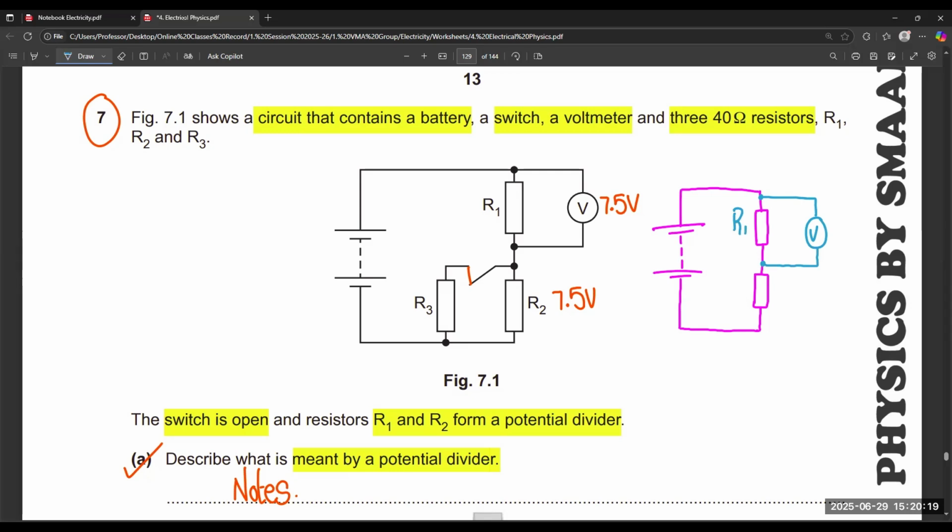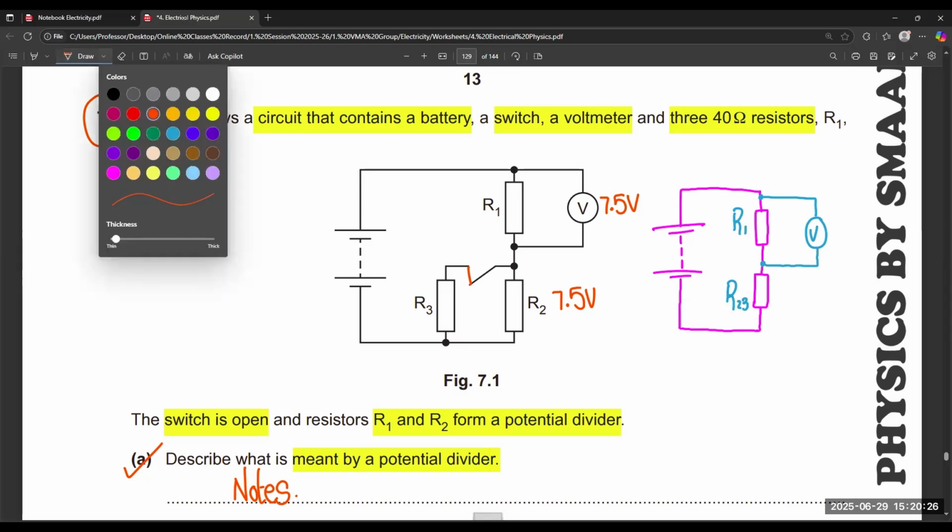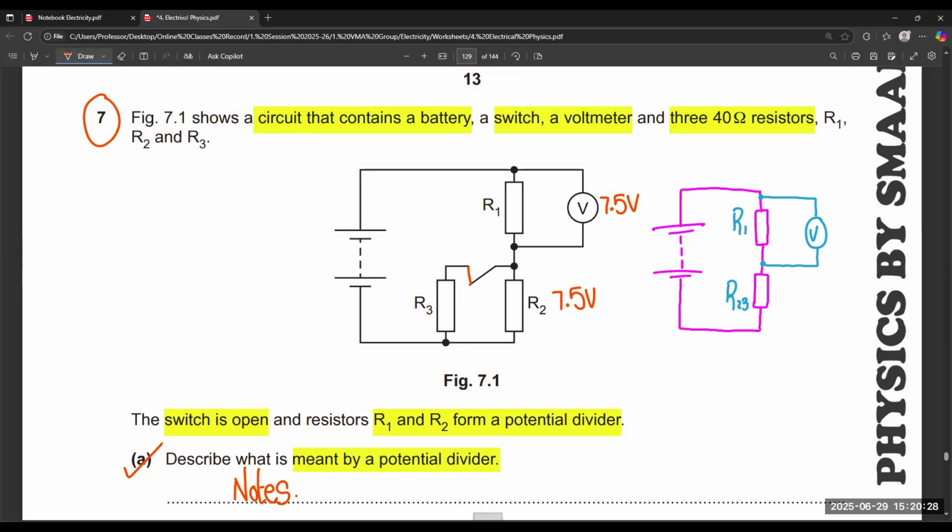This is only R1. This is R23, because we already discussed that R2 and R3 are in parallel combination. If we combine them, we have a combined resistance of 20 ohms, and this is 40 ohms. So this is the difference between the first and the second circuit after combination.